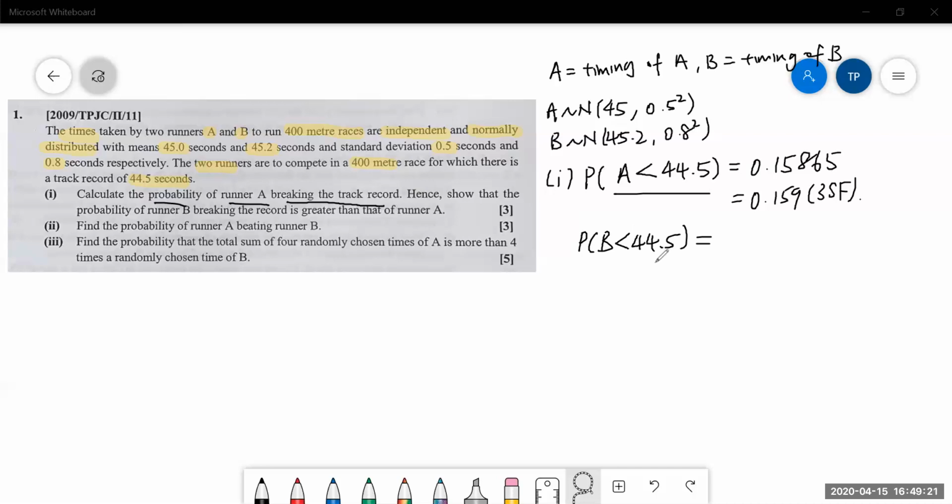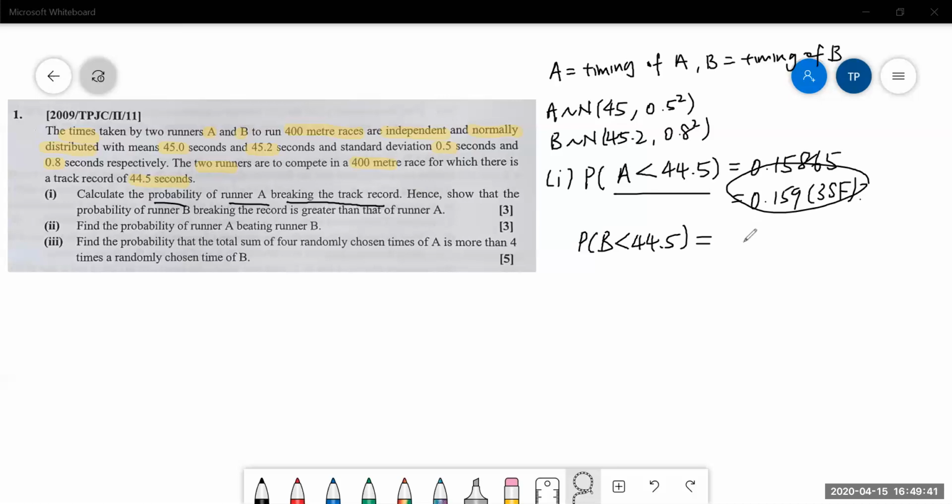Hence means using the previous part, right? Yeah, we're using the previous probability.